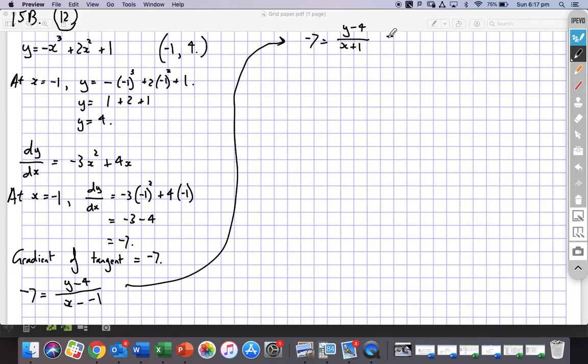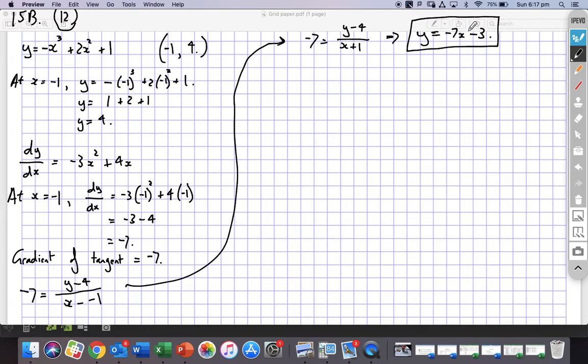Worried I'm going to run out of room, so I'm going to do it up here. We get y equals minus 7 times x plus 1. We'll have minus 7x minus 7 plus 4 is minus 3. And that is our tangent equation.